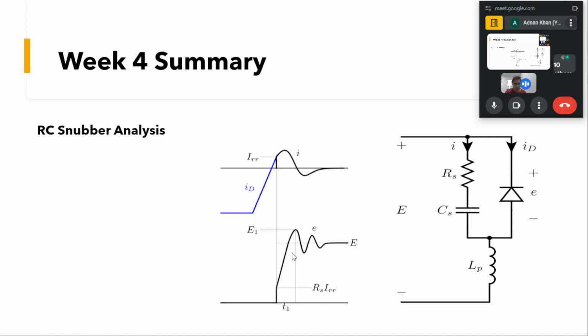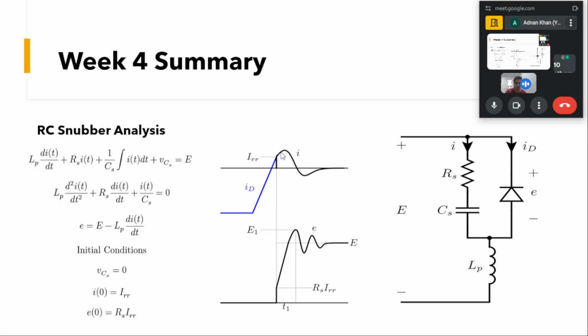This voltage will then be charged to the peak of this E voltage, but there will be some oscillations, and we can limit or dampen them by appropriately choosing the R and C values. We shall see how to design these R and C values. In this way our snubbers will limit this ringing across this device.